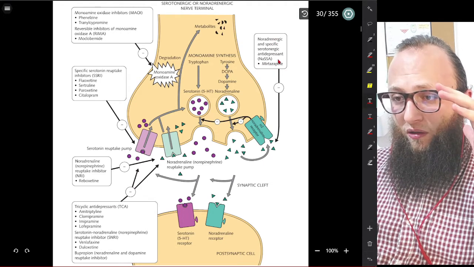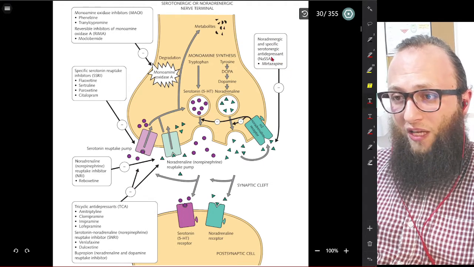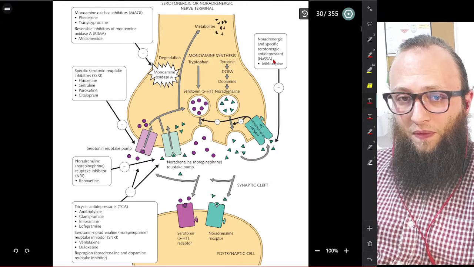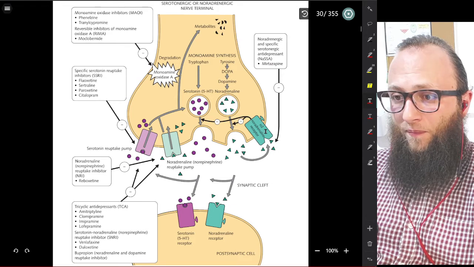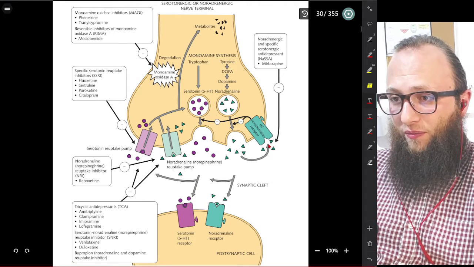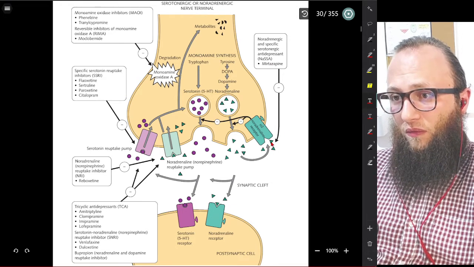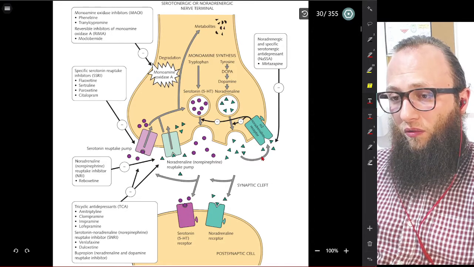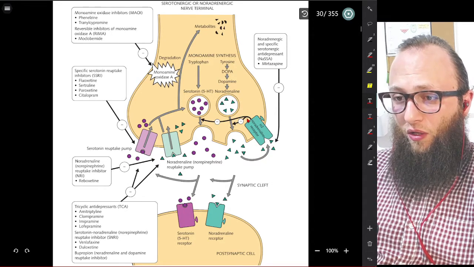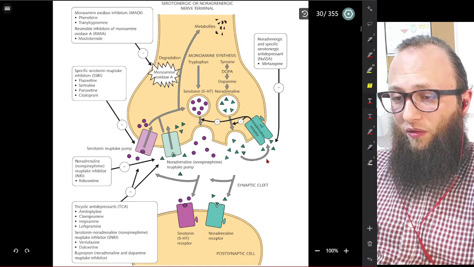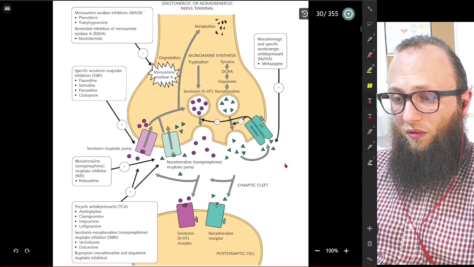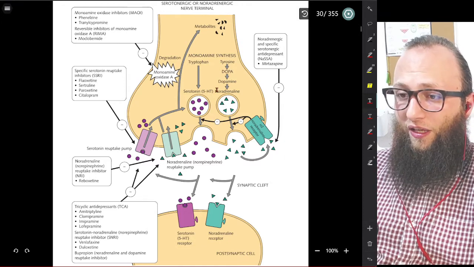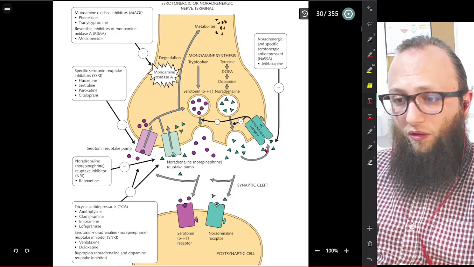It works on a lot of neurotransmitters, but the special thing here is the work on alpha-2 noradrenergic receptors. So it will inhibit the inhibition of norepinephrine and serotonin.